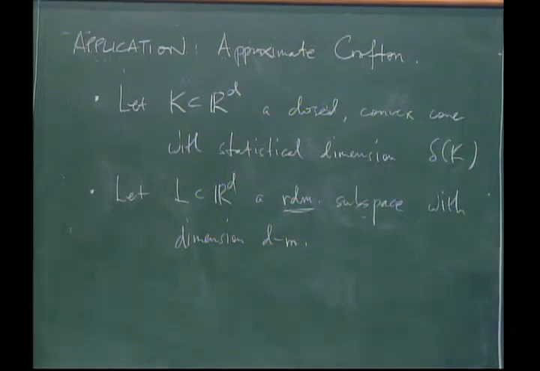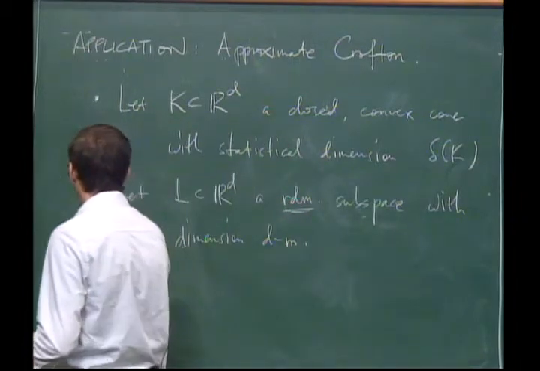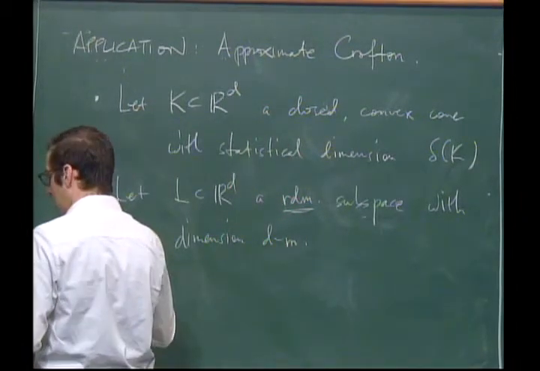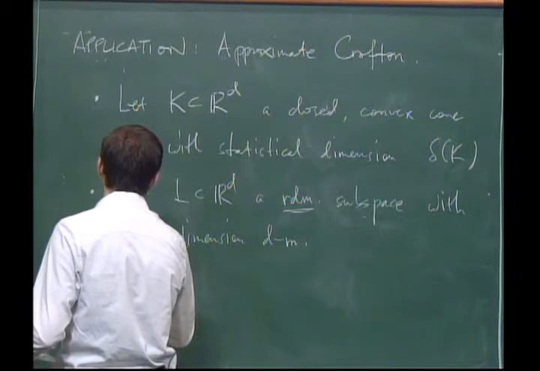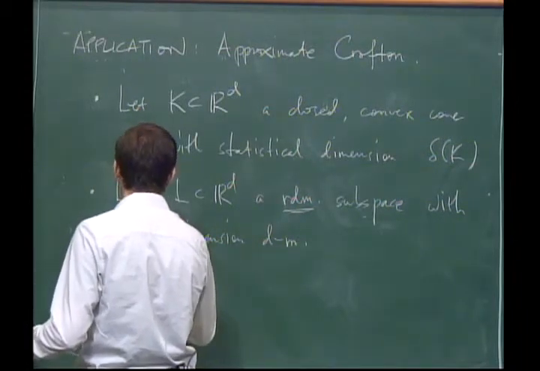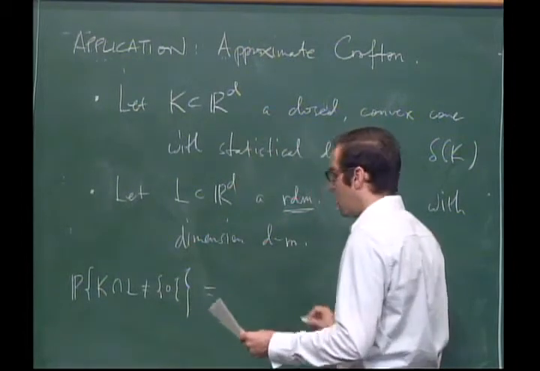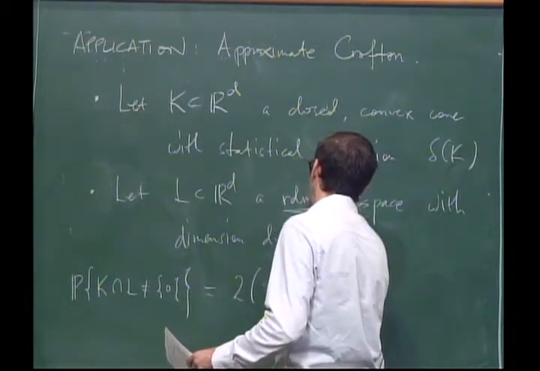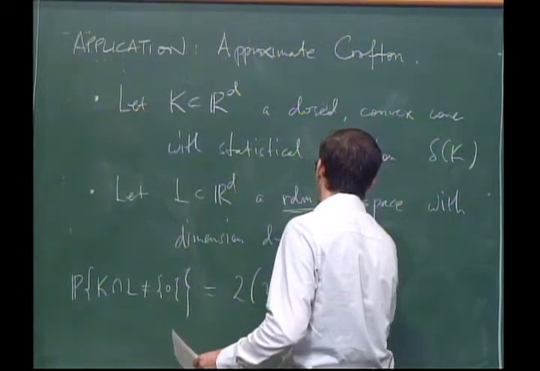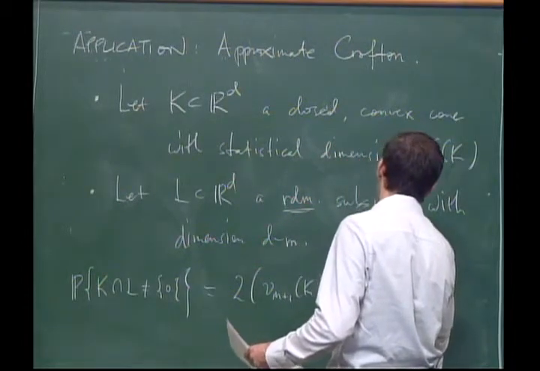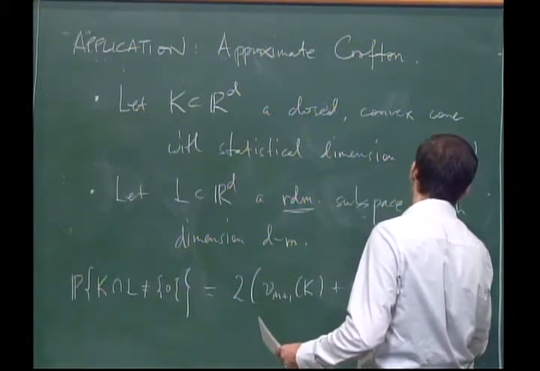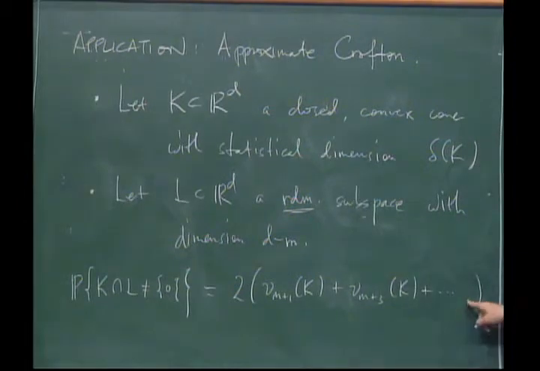The question that we were trying to answer is the probability that this cone and this subspace intersect. The probability was given by an exact formula involving intrinsic volumes, which is kind of hard to work with. It was twice the (m+1)st intrinsic volume plus the (m+3)rd intrinsic volume, and so forth until we run out of intrinsic volumes.